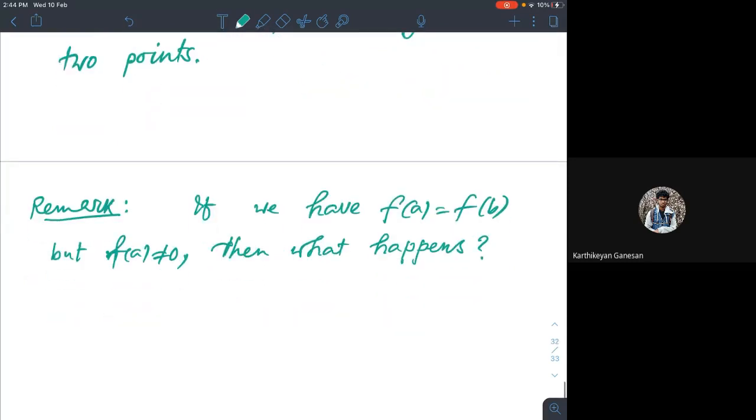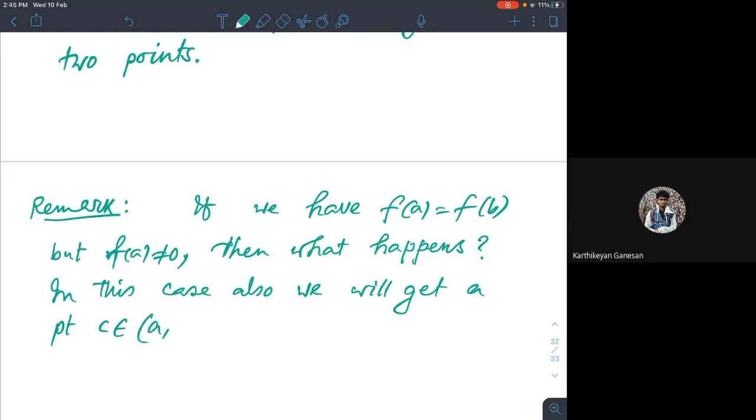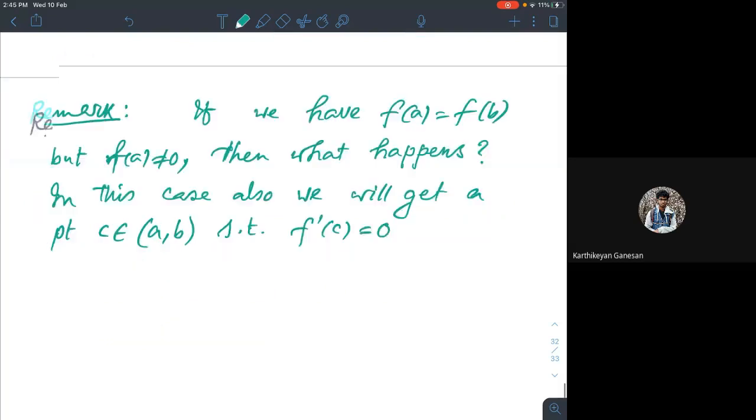Again, in this case also we will get a point C in AB such that f prime C is equal to 0.